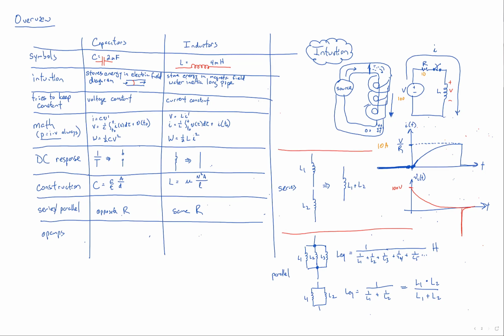Algebraically, these two things are the same. It's just a lot easier to compute this practically, and you can do that in your head, than this, which requires a calculator. But if you got 3 or more capacitors in series or resistors or inductors in parallel, you have to use this long one. There's no choice.